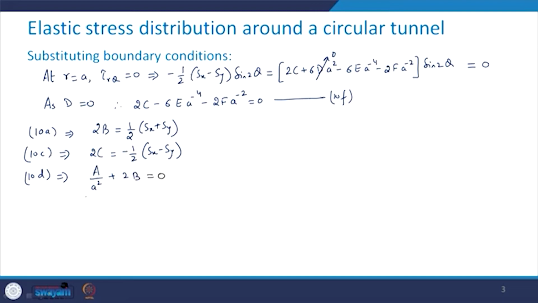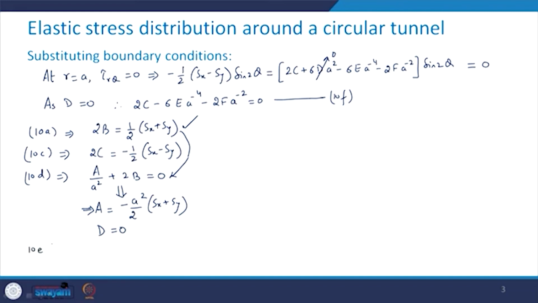That gives me capital A equal to minus a square upon 2 into Sx plus Sy, because 2b is equal to half Sx plus Sy from this equation. I just substitute this equation here, and therefore I get this expression of A. We know that D is equal to 0.